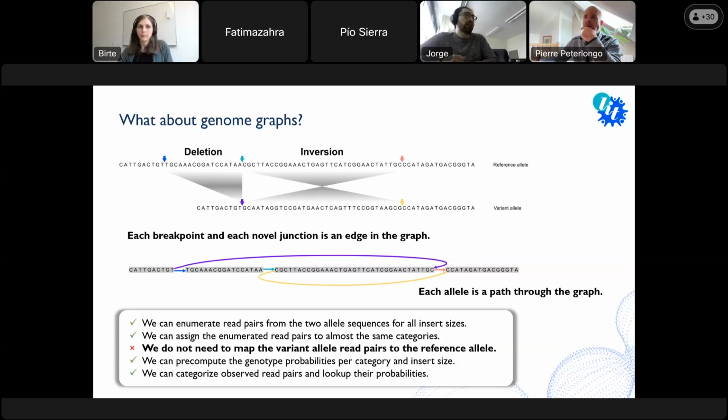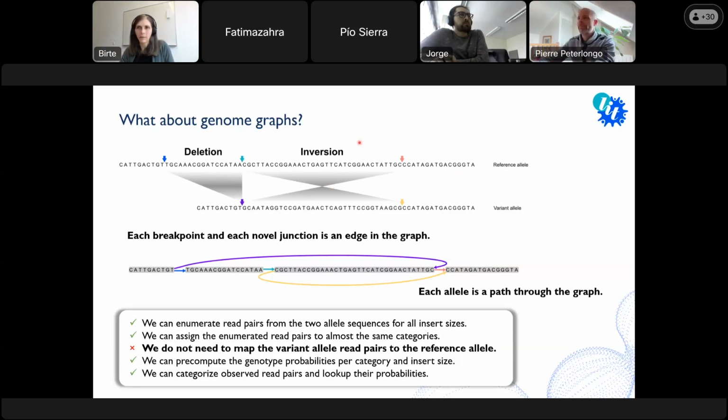Yeah, let me explain it here. Of course, when you create a graph from a variant description, you would create the graph like this. But when you have a pangenome graph already at hand and you identified a variant in there, you can just go ahead with that description of the variant. You don't need to have such a description.